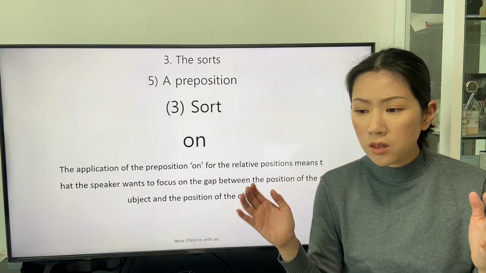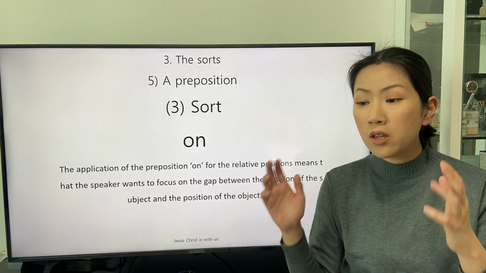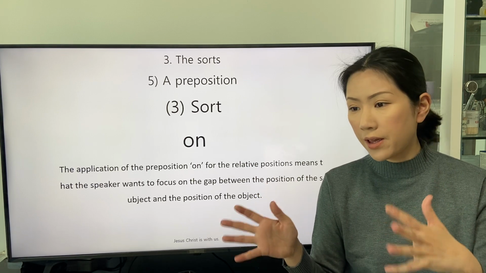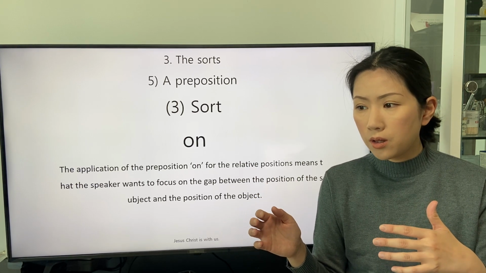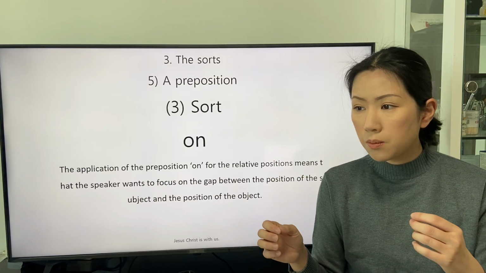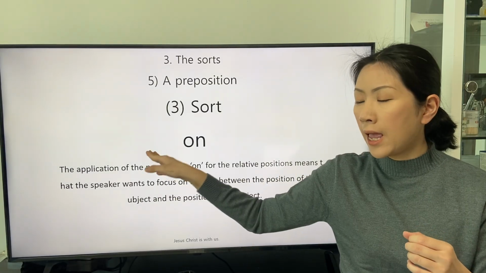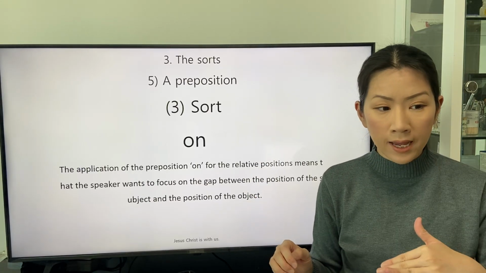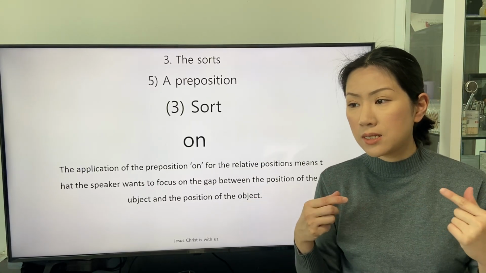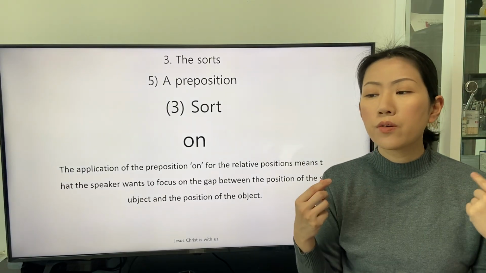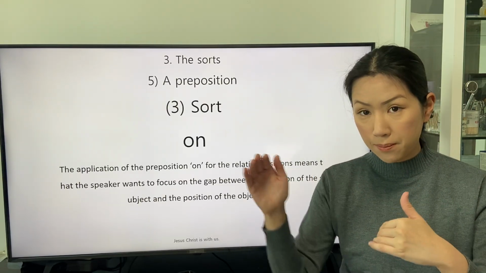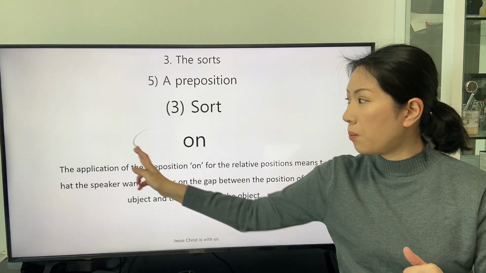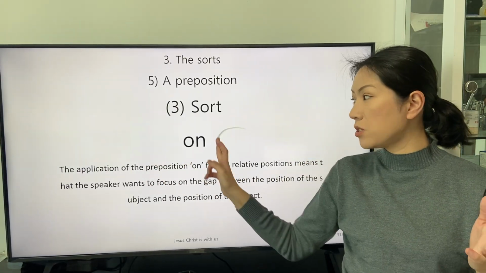The fact that the speaker sets the standard of identifying the positions between the subject and the object means that the speaker focuses on the gap between the position of the subject and the position of the object.